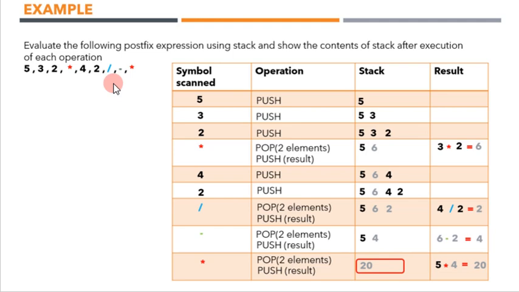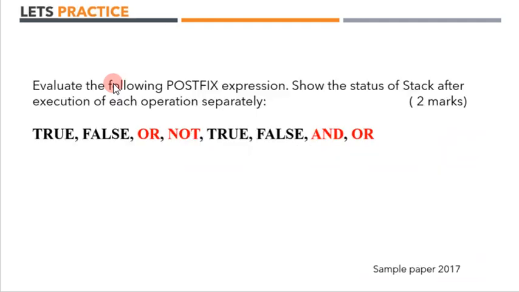Okay, now in order to have hands-on experience, let's have one more question with a twist. So what is it? This is a postfix expression, and the important point to be noted here is that the operands are, yes, Boolean values, and the operators are logical operators.